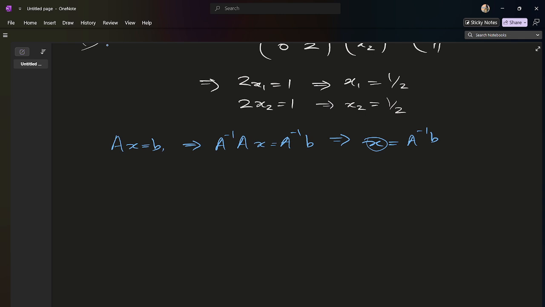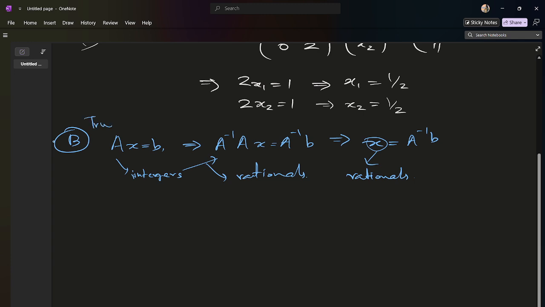Again I am stating that as all the entries of A are integers, the entries of the inverse will be rationals. So the entries of x will also be rationals. So my B is true.